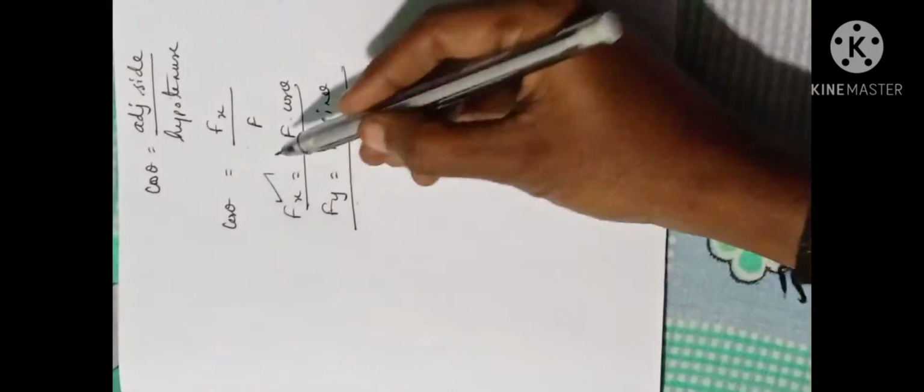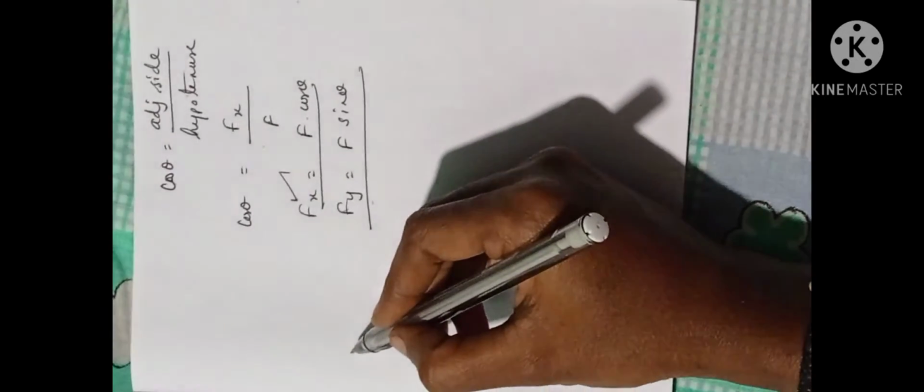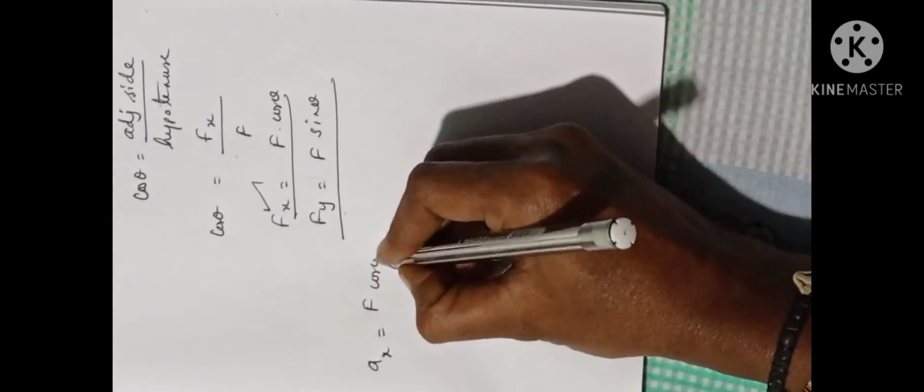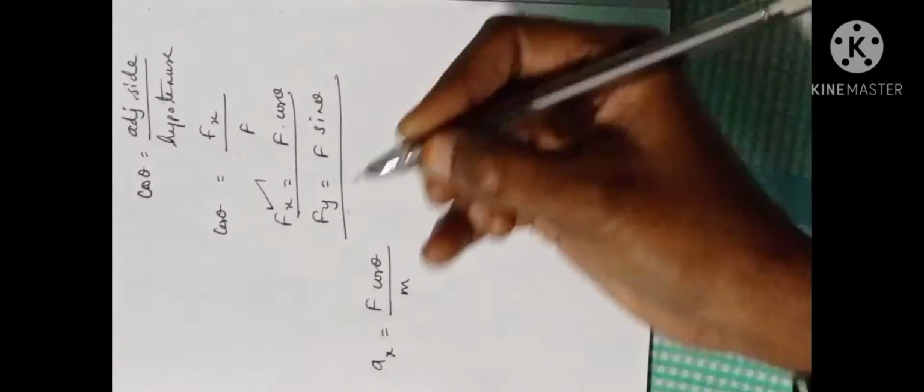Now we substitute the value of Fx in the previous equation. So ax is equal to F cos theta divided by m.